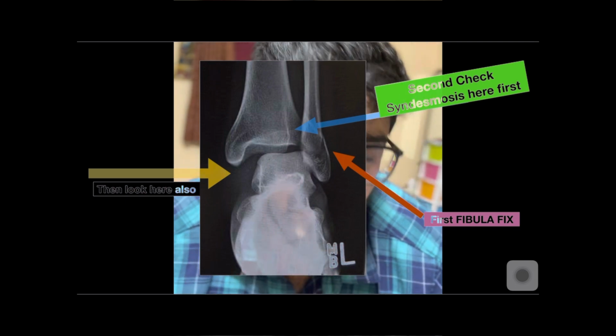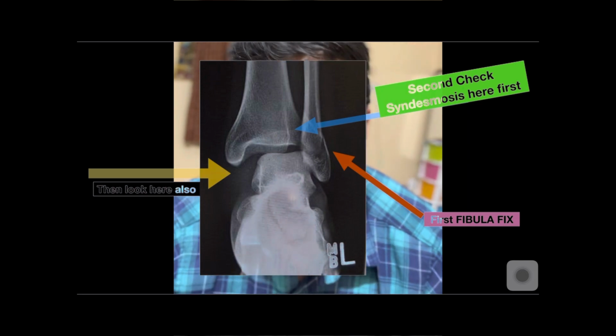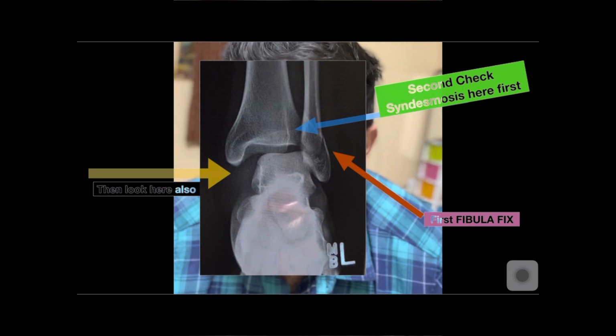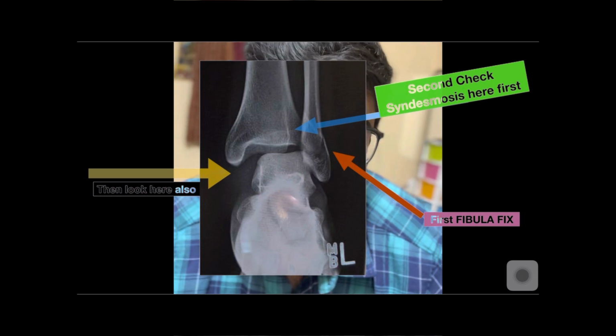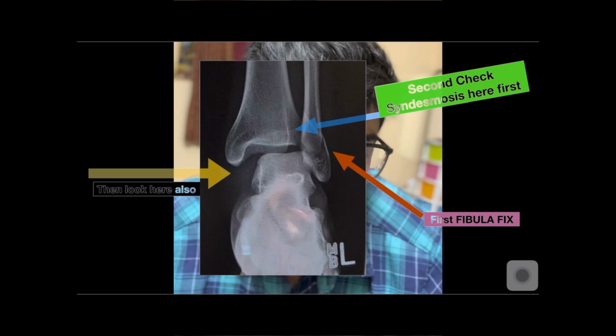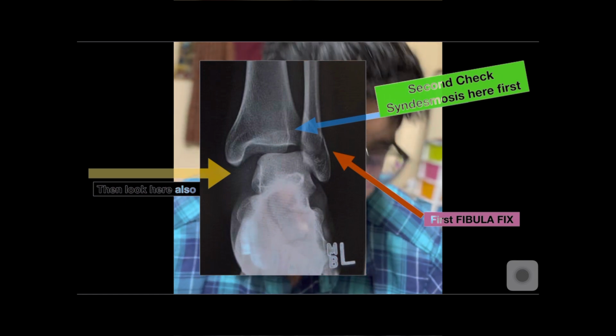After fixing the syndesmosis, we have to do the external rotation stress test again, or the talar tilt test. It is better to do the talar tilt. If there is a deltoid injury, the superior surface of the talus will show tilting. Definitely you will see an increase in the medial clear space. This is a demonstration.